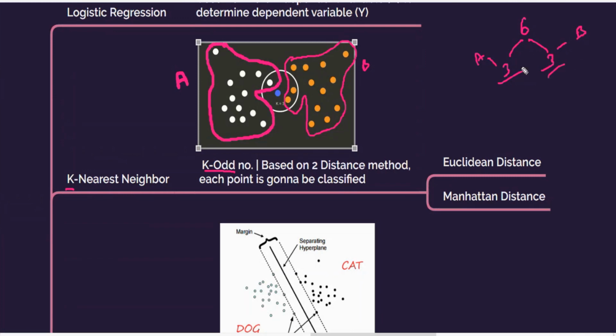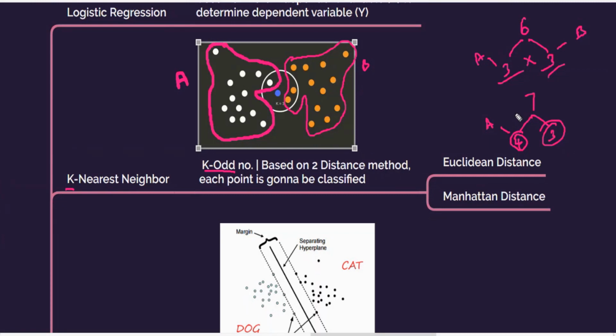If we get it like this, we cannot make one decision. So to avoid this conflict, we go for an odd number. If I take 7, 3, 5 like that, there is a high possibility that one class will get more points than the other class. So we can easily come to a conclusion about which class this particular new point belongs to.